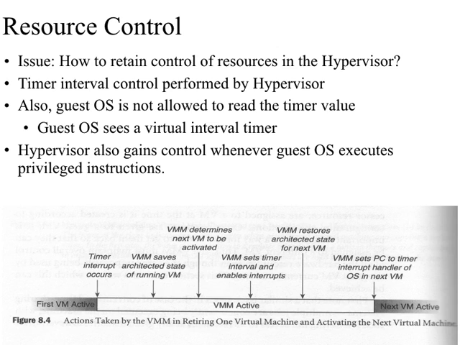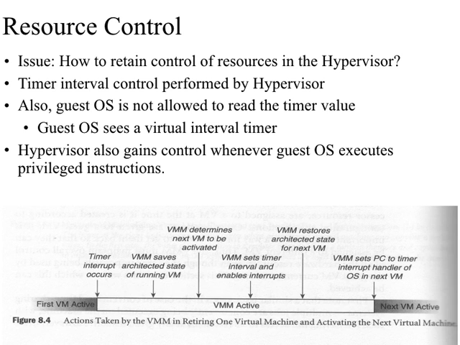Next, you have to restore the state of the next VM. That means restoring the MMU state, CPU state, program counter, and so on. Then you jump to the location in the guest OS and start executing the guest operating system instructions. So this is a standard context switch operation.